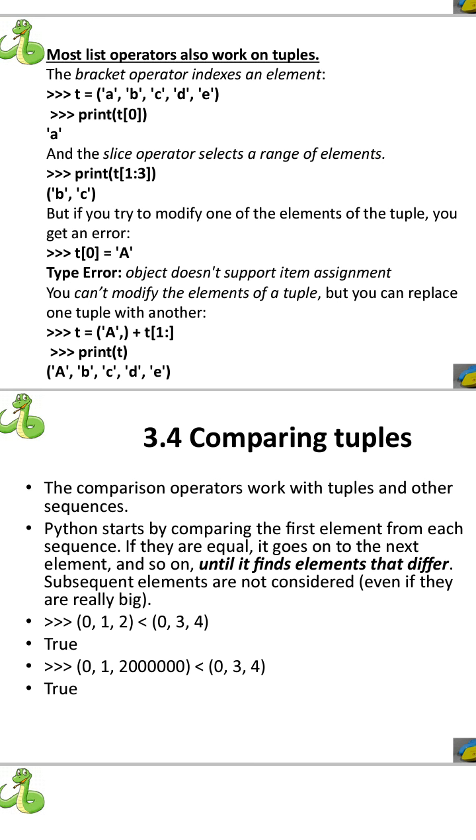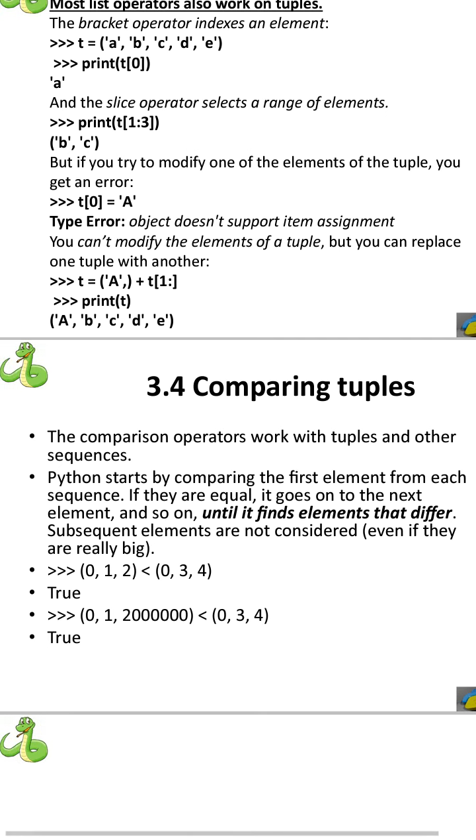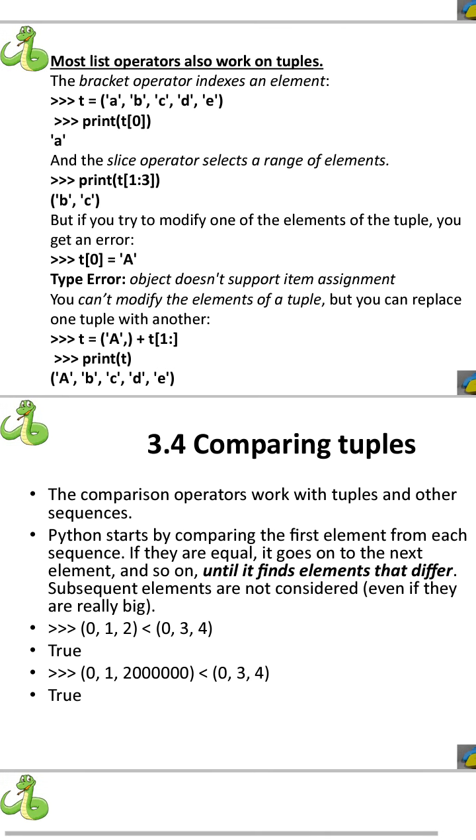And after that I can extract the rest of the elements, that is from the first index till the end of our tuple elements. For that I can say T of 1 colon. If I don't specify the second index in the slice operator, it will access all the elements from the first index till the end of the tuple.